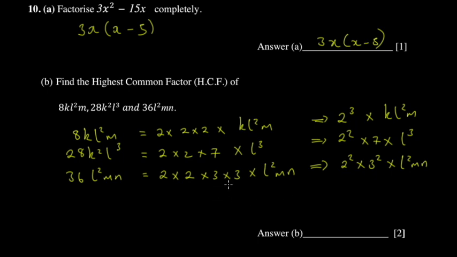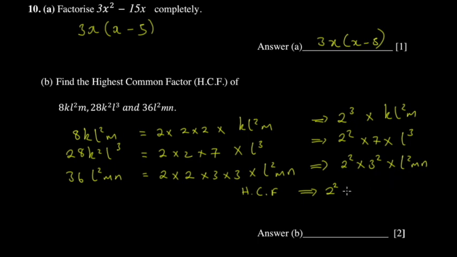So the highest common factor, which is the HCF, is equal to, we take what's common. 2 is common, so we take the lower power, which in our case is 2. Then 7 is not common, 3 is not common, so we ignore all of them. k is not common, we ignore it.